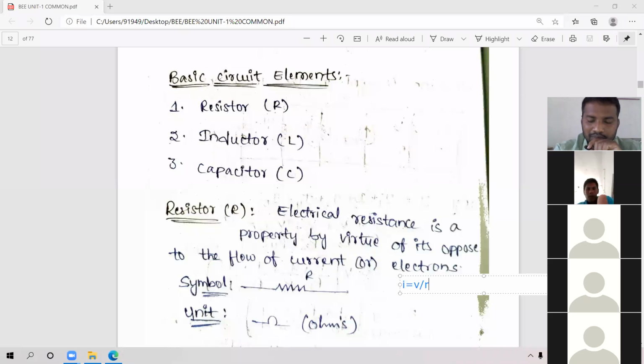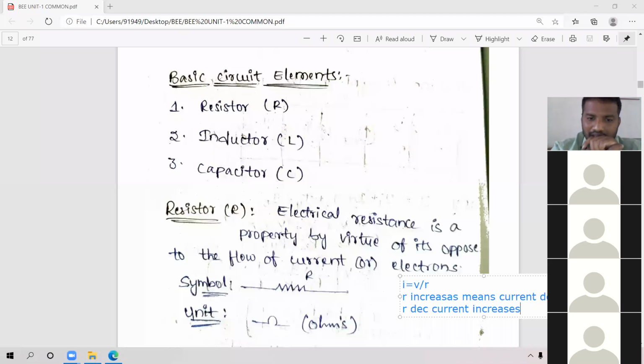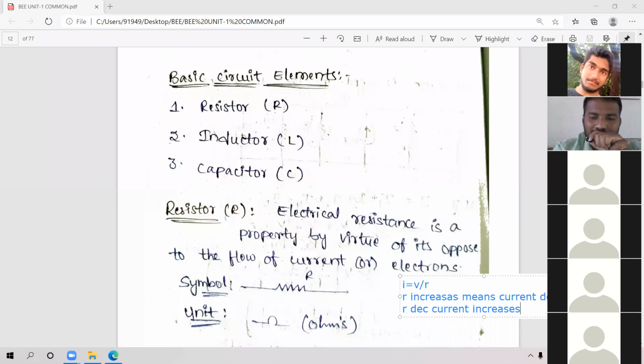That means when R increases, current decreases. When R decreases, current increases, and vice versa. So when the R value is increasing, it opposes the current, yes.